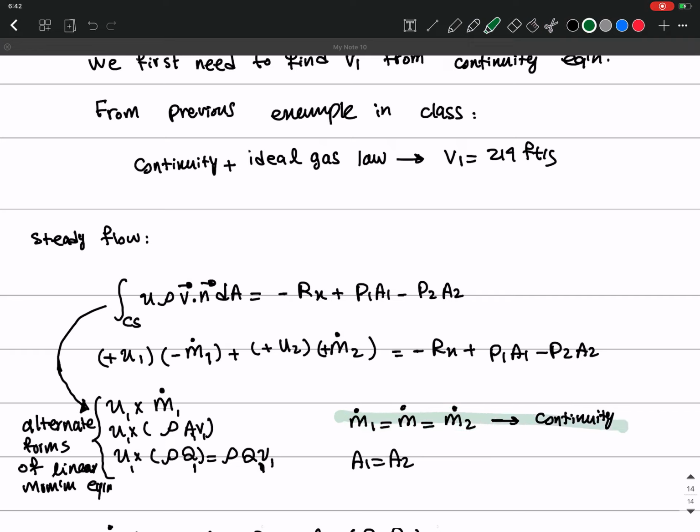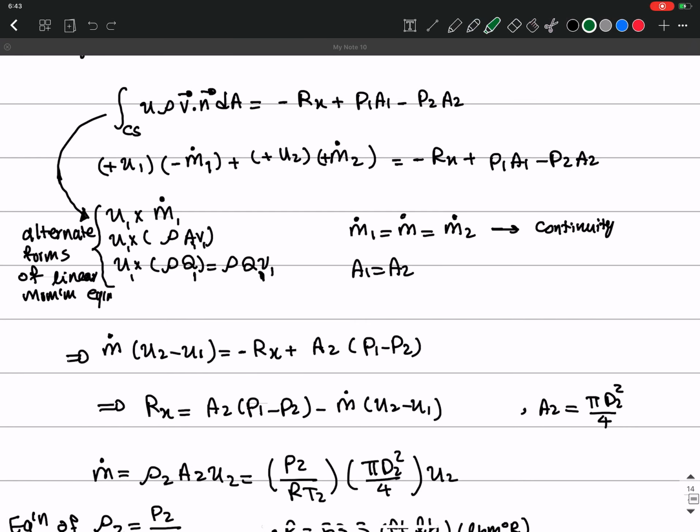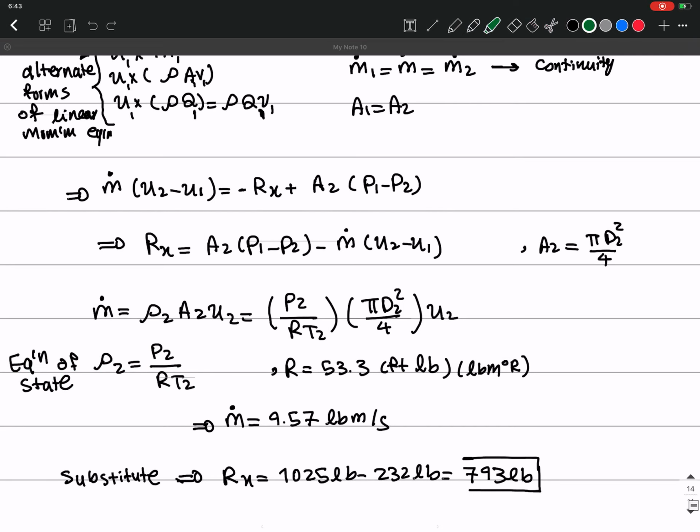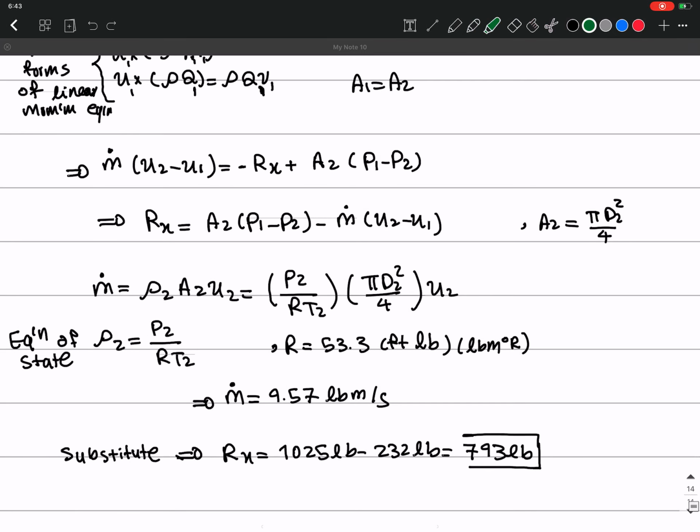Combining these two and other equations, like if you have an airflow and temperature or pressure is given to you, you usually need to write the equation of state to find the pressure or density, and then substituting all of these will give you the total force that acts on that control volume. Okay, so in the next part, I'm going to solve another example of this linear momentum equation.